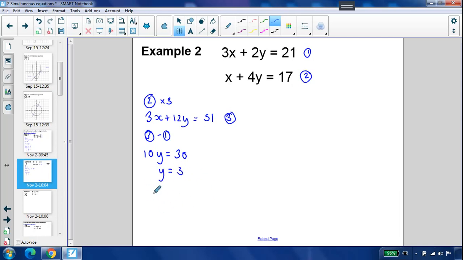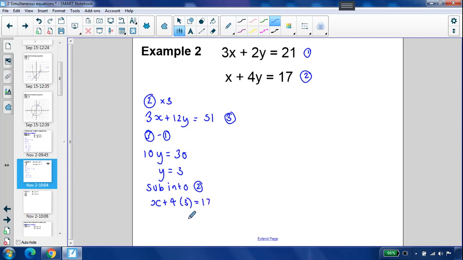Now I'm going to substitute my value of y into one of these equations, and I'm going to choose equation 2 because the x is 1x, so it's easier to find the solution. So I'm going to have x plus 4 multiplied by 3 is equal to 17.